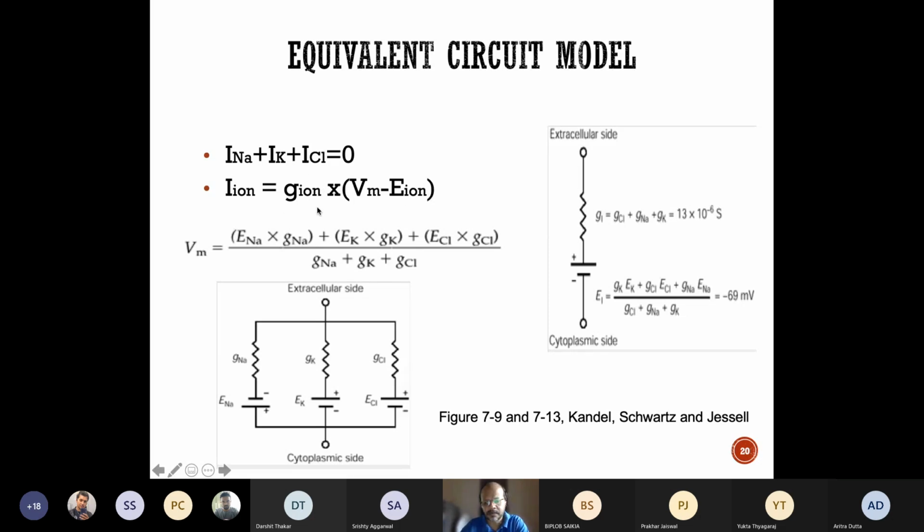This conductance actually captures the permeability, including how many ion channels are open, how many ion channels are there to begin with, and so on. All of that gets captured in G ion. So if you plug all of that together, GK multiplied by Vm minus EK plus GNa multiplied by Vm minus ENa, blah, blah, blah, and then separate out Vm, this is what you end up getting.